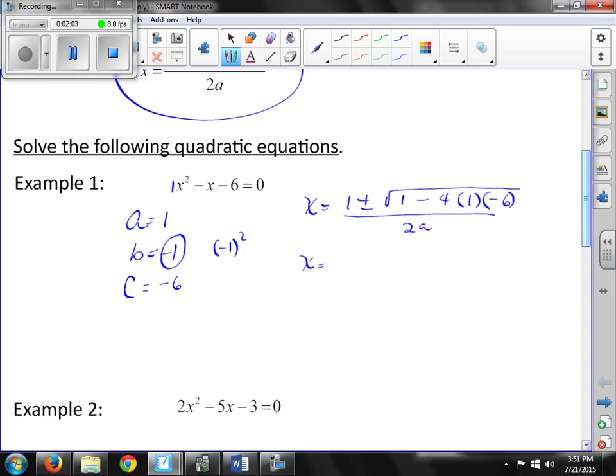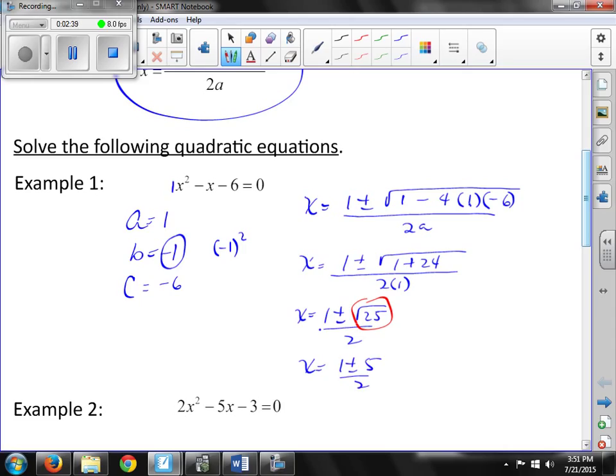So we have x is equal to 1 plus or minus the square root of 1, and let's see, negative 4 times 1 is negative 4 times negative 6 is plus 24, over 2a, and a is 1. So we'll have x is equal to 1 plus or minus the square root of 1 plus 24 is 25 over 2. And we know that the square root of 25 is 5, so we can change this into x is equal to 1 plus or minus 5 over 2.